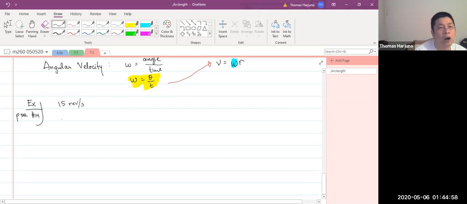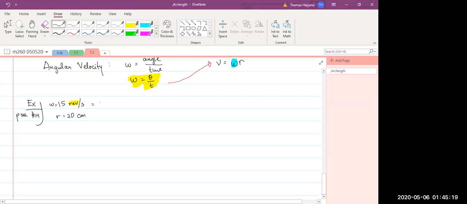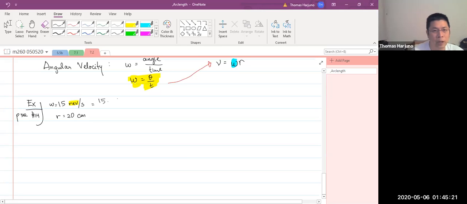And then r equals 20 centimeters. Now, 15 revolutions per second refers to omega. That's a speed. Now, one revolution, what is the angle? 2 pi. So this is 15 times 2 pi radians per second. So this is 30 pi radians per second.